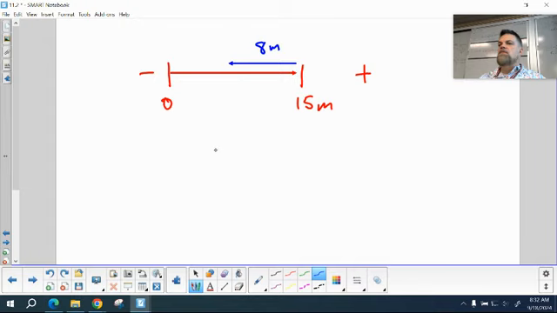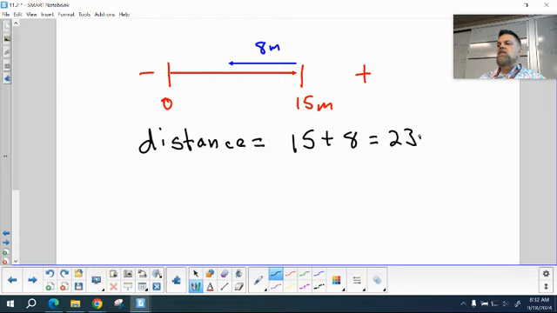Here's the thing I want to point out. If I say, what's the distance, you're just going to add it up. I went 15 plus 8, which equals 23 meters. If I say to you, what's the displacement?